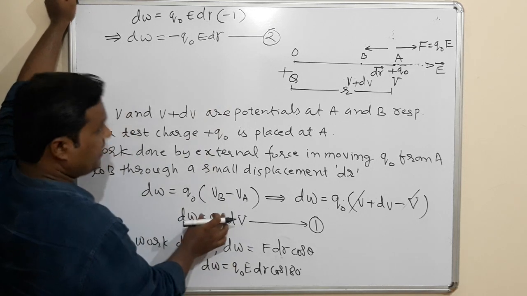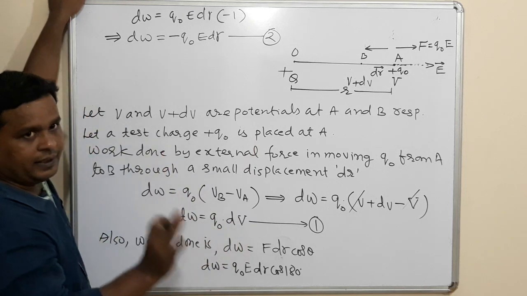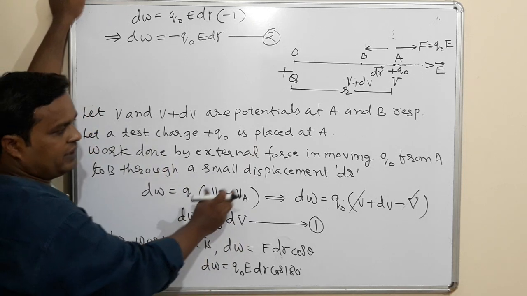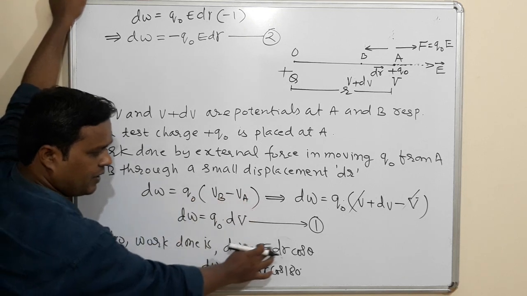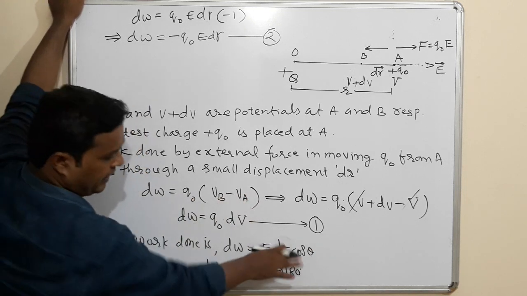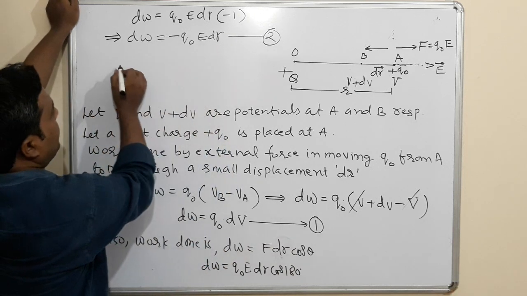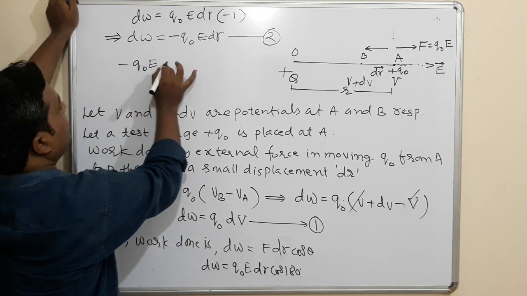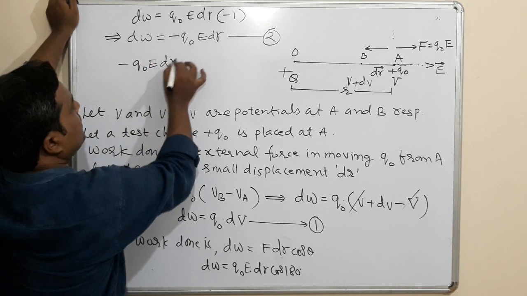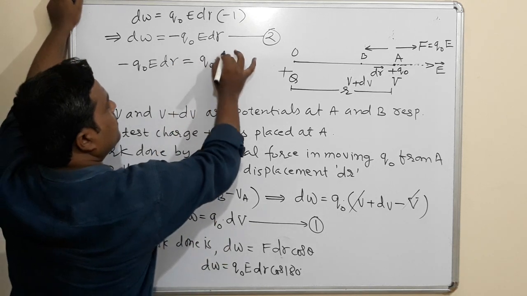Then if I compare equations number 1 and 2, one is the work I have written by the definition, charge into potential difference. This work I have written as Fs cos theta from mechanics. Then if you equate these two, what we will get is minus Q naught E dr, this work done, is equal to Q naught dV.